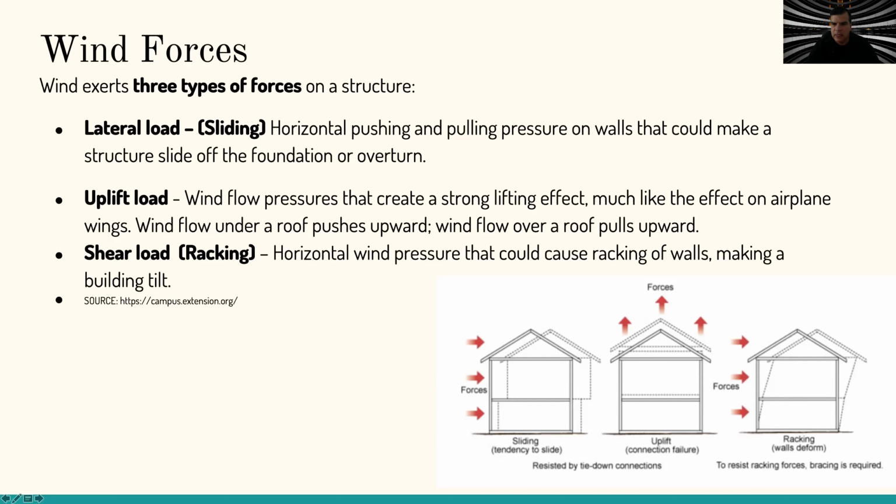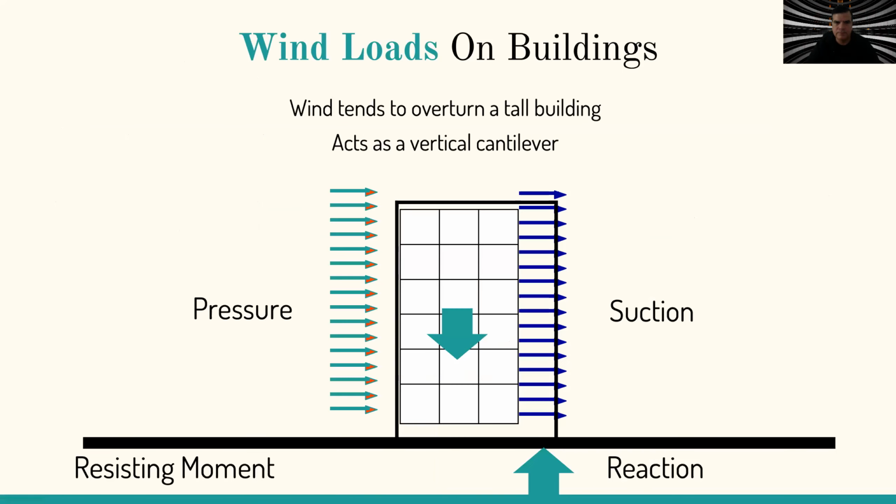What that means is that the wind can push up the roof of the building and cause an effect like the wings of an airplane. After, we have a shear load that is a racking, like a horizontal wind pressure that will cause racking in the walls and make the building tilt to one side.